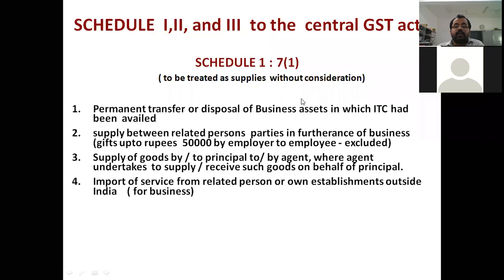Here we have some special Schedules 1, 2 and 3 to the Central GST Act, treated as supplies with consideration. Permanent transfer or disposal of business assets on which ITC had been availed. Then supply between related persons or parties in furtherance of business. Gifts up to rupees 50,000 by employer to employee are excluded from GST.